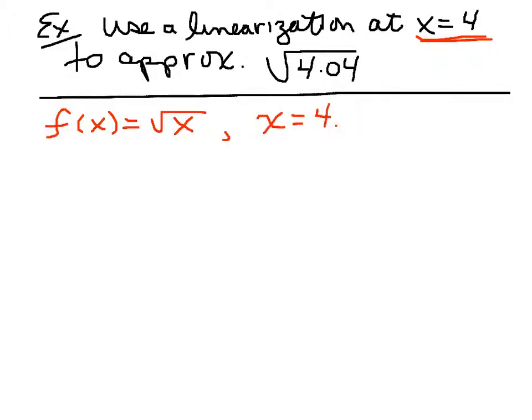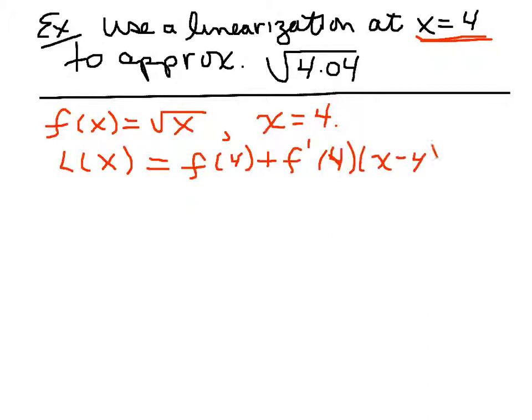That's where we'll take the linearization. And so therefore, the linearization at x equals 4 will be f(4) plus f prime of 4 times (x minus 4).